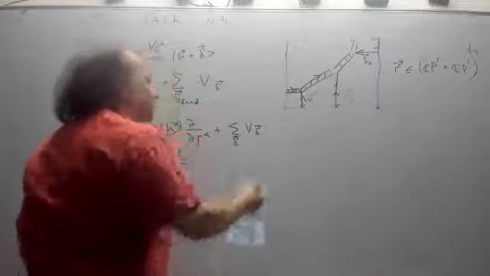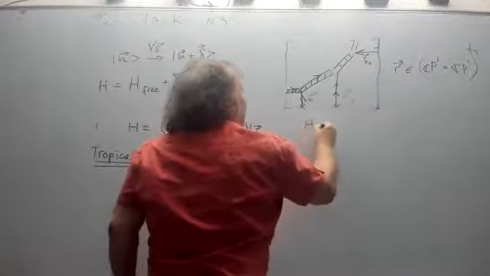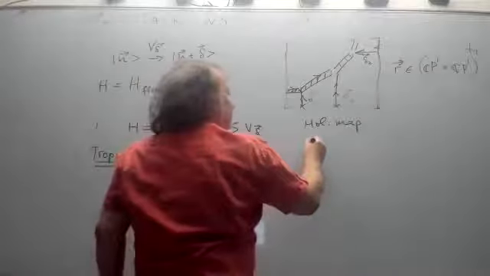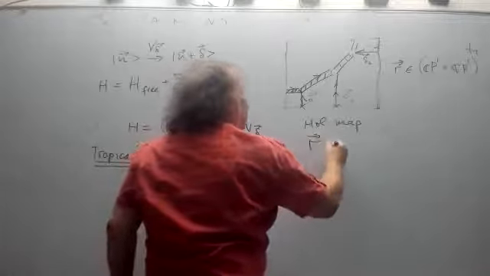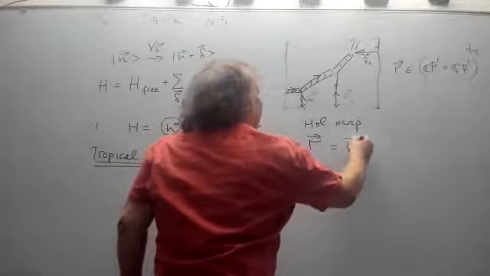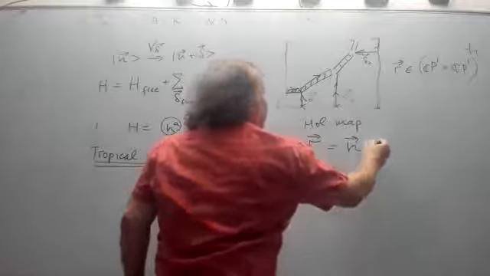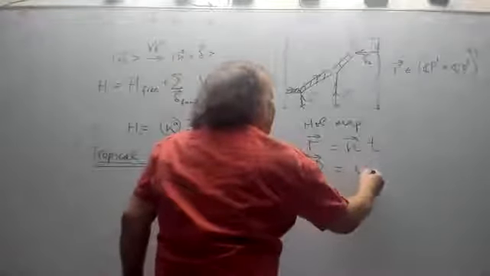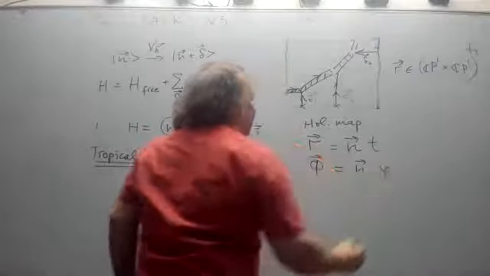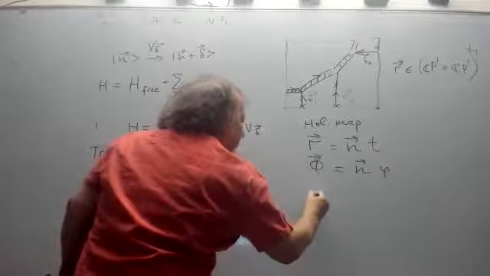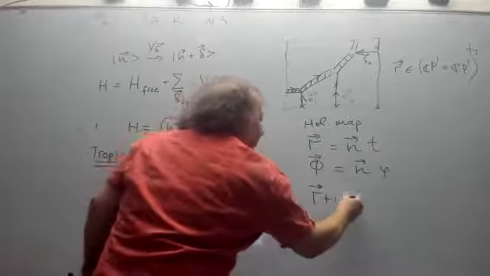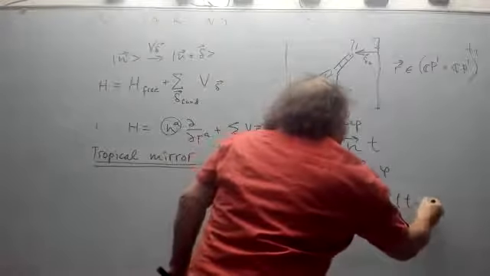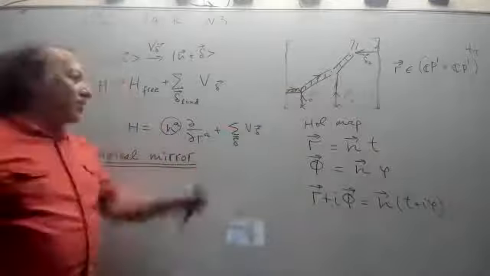Let me recall that the holomorphic map was actually R equals n times t, phi equals n times phi. R plus I phi equals n times t plus I phi. So this is a holomorphic map.